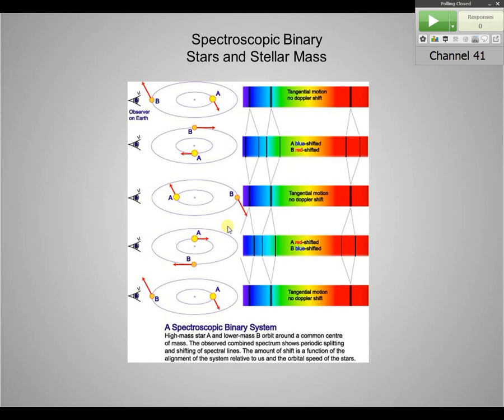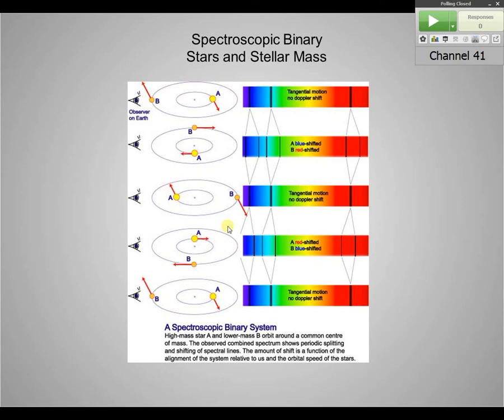Okay, so from looking at the spectrum and seeing this pattern arise of nice neat spectrum, then some kind of red shift blue shift thing happening, then nice neat spectrum again, then red shift blue shift happening again, repeating that cycle on a predictable period, you can deduce there must be something happening here to the star that I think I see as one star. The explanation that makes sense is that there's actually two stars there, and one at one point is moving towards me while the other's moving away, and at a later point the reverse is true.